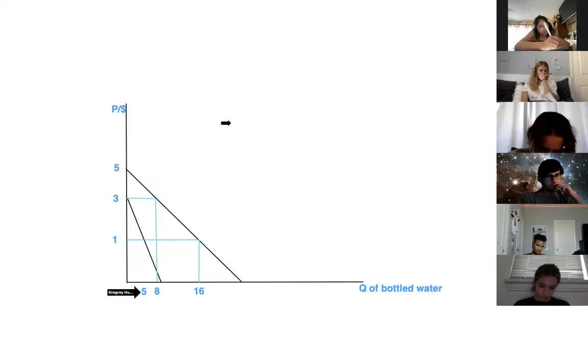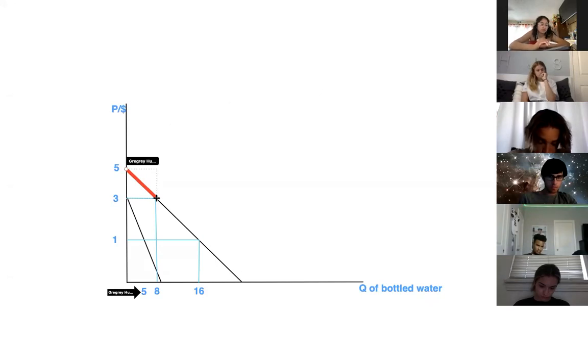So his demand curve would be the market demand curve at the beginning. And so I'll do the market demand curve here in bold or red, if it'll let me. So we would follow along his demand curve.